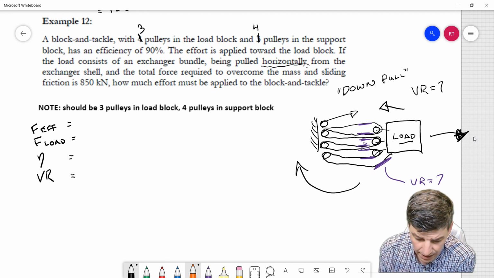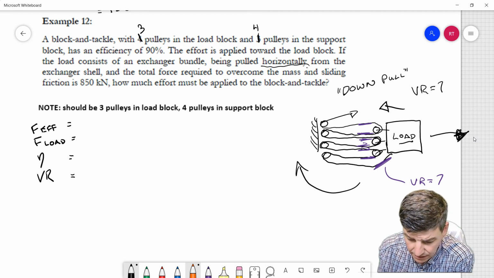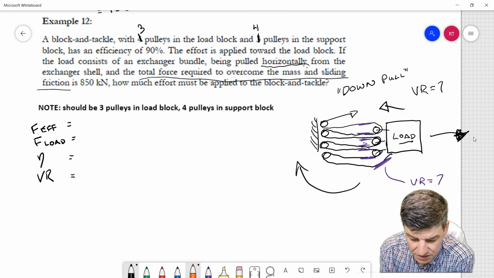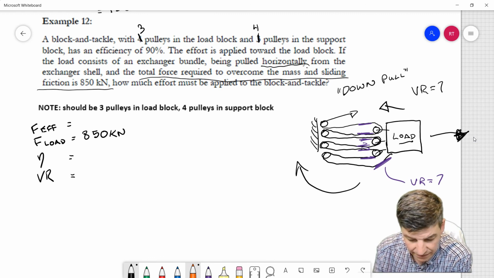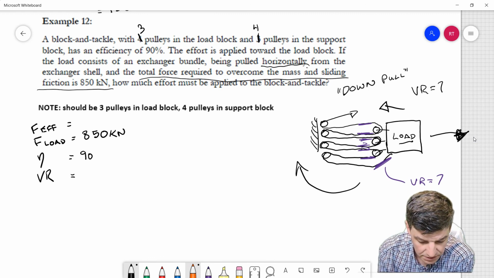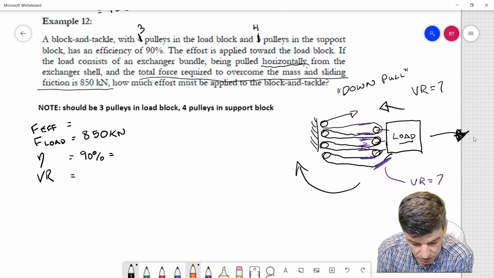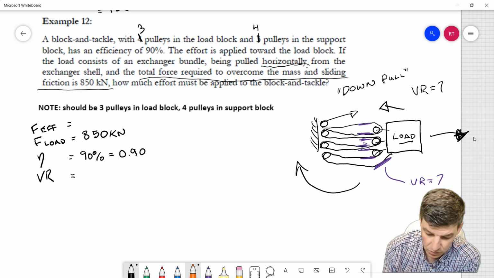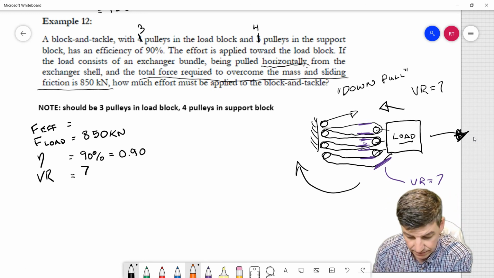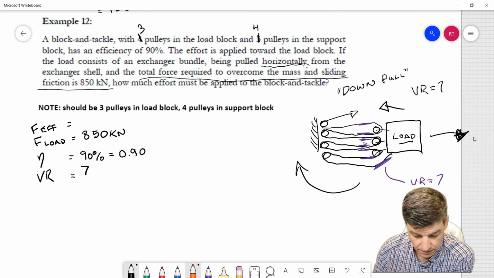I do know that I have a total force required to overcome the mass of the friction is 850, which is essentially my load, 850 kilonewtons. I have an efficiency of 90%. I want to express that as a decimal, so 0.90. And then I have VR, which we calculated as 7.